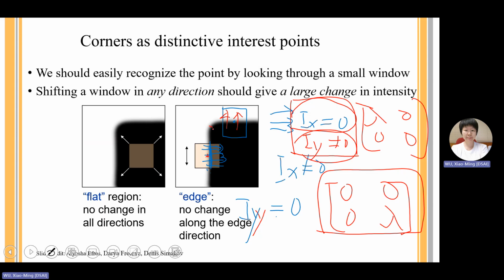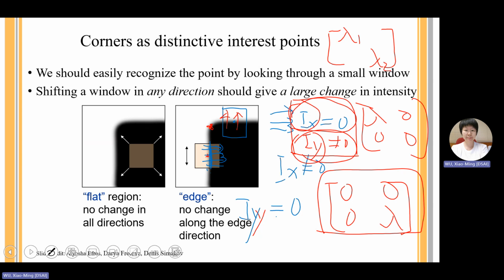For corner pixels, because some ix and some iy are non-zero, the two diagonal terms are non-zero.